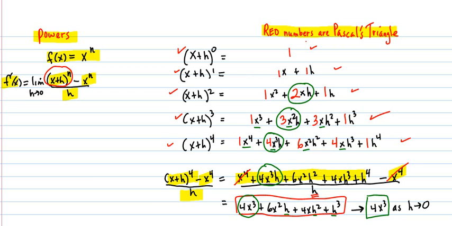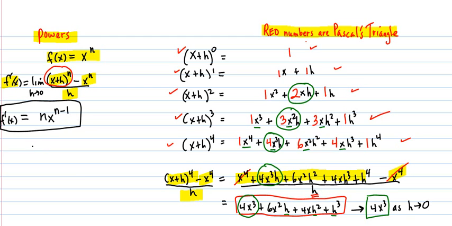So I think you can see that if you were to continue this on, then this whole difference quotient and the limit of that would just turn out to be n times x to one less power than whatever the power was. And that is your famous power rule for derivatives.